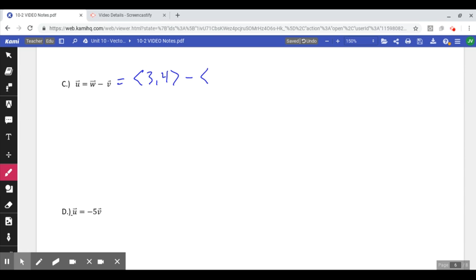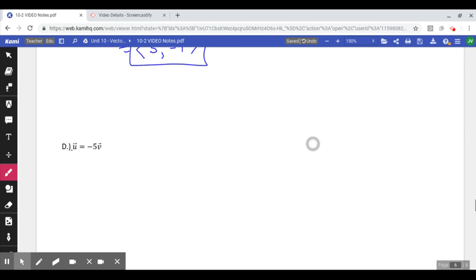And we want to subtract now vector v, which was -2, 5. To perform this operation, we're just going to subtract the x components. So 3 minus -2 is the same as 3 plus 2, which happens to be 5. Now we'll look at 4 minus 5. So 4 minus 5 is -1.